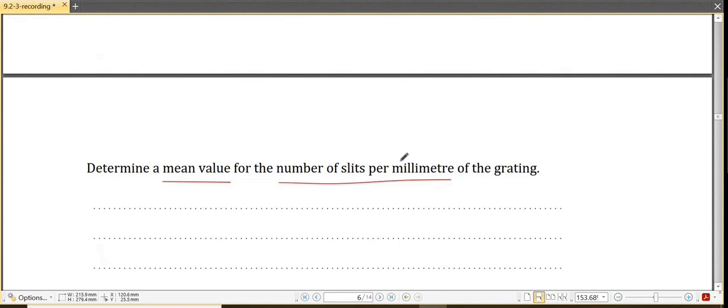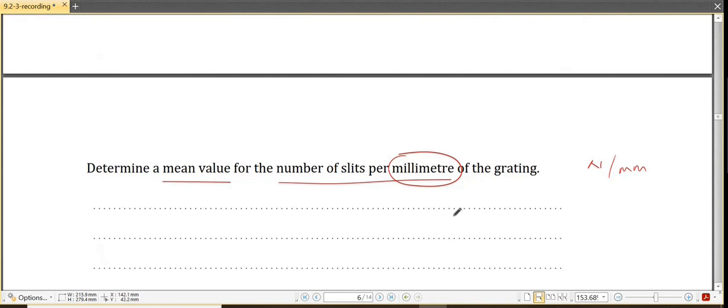Usually the question talks about meter, but here it is talking about millimeter. So let's just keep it in mind; later we might need to adjust it. So they are asking for capital N per millimeter.